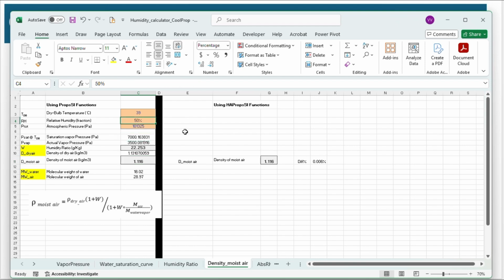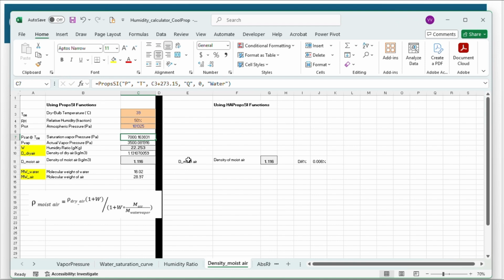To check what happens when the humidity increases, it looks like when humidity increases, density of moisture decreases significantly, and when humidity decreases, density increases significantly, just as it should, as what you have discussed before in the class.